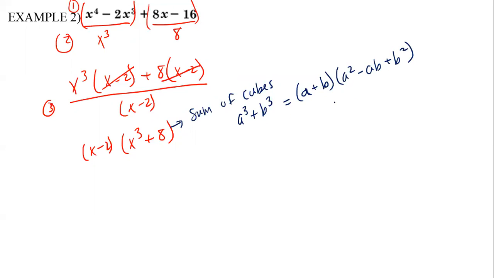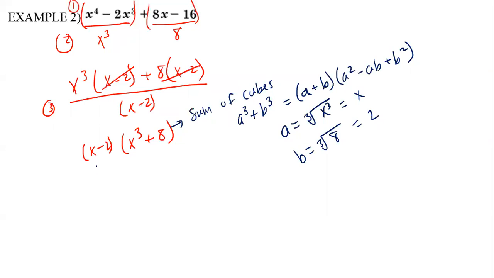Again, tomorrow we're going to dive a little deeper. To find your a and b, in this case a equals the cube root of x cubed, and b equals the cube root of 8. So a equals x and b equals 2, and I can plug those in and find my factors.